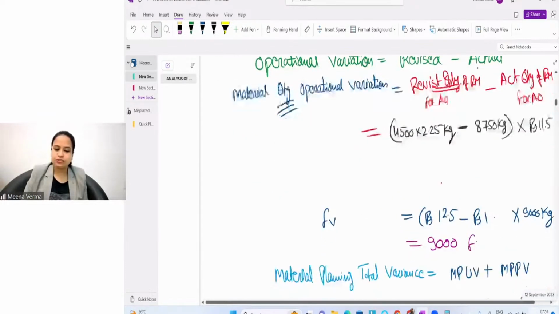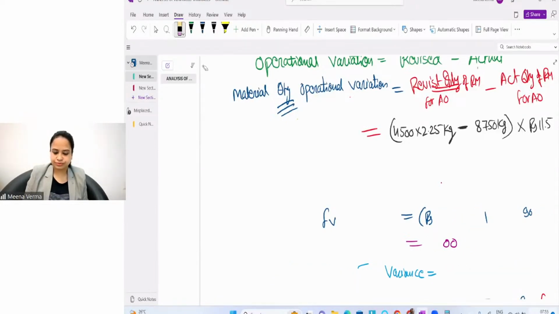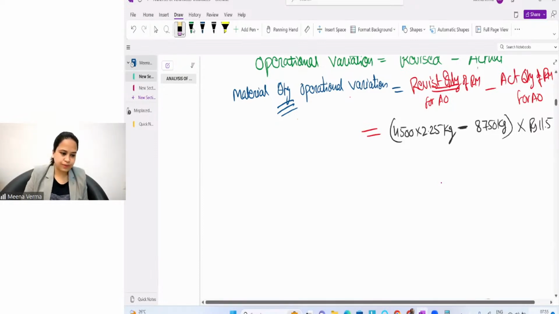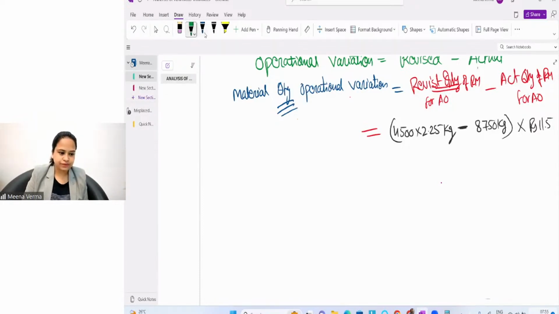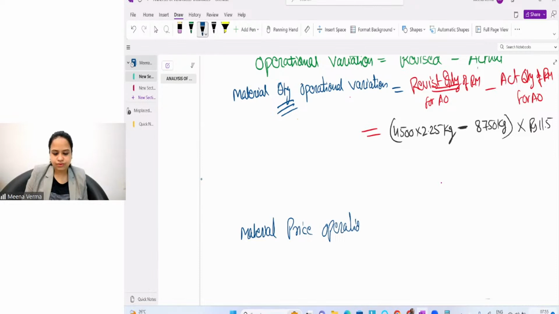Okay. After this, if they ask you to calculate the material price operational variations, you can find the material price operational variations. You can solve it. Next is the price operational variation, right?